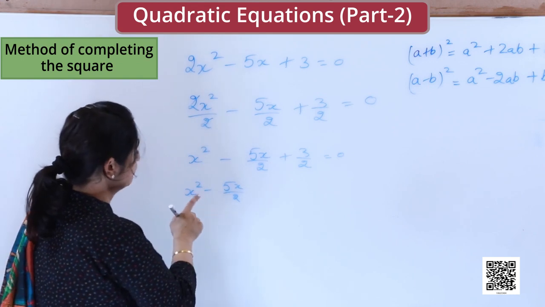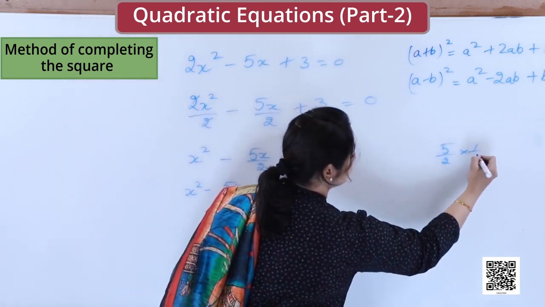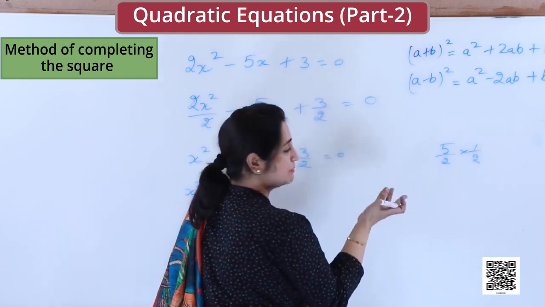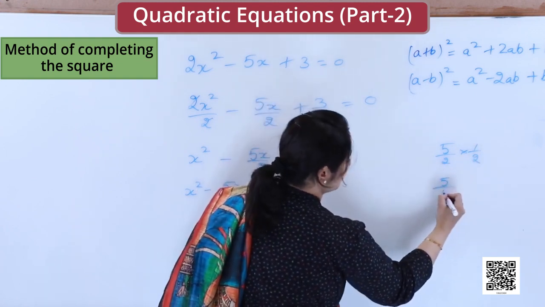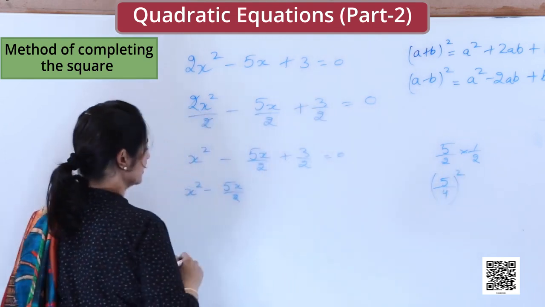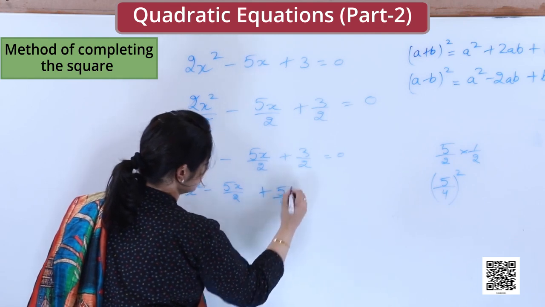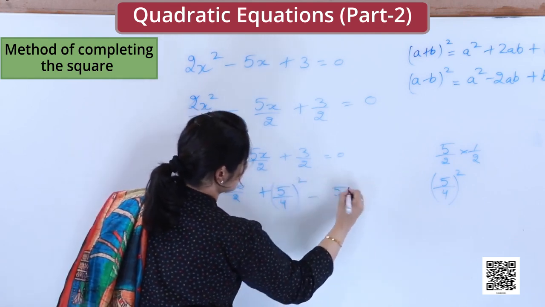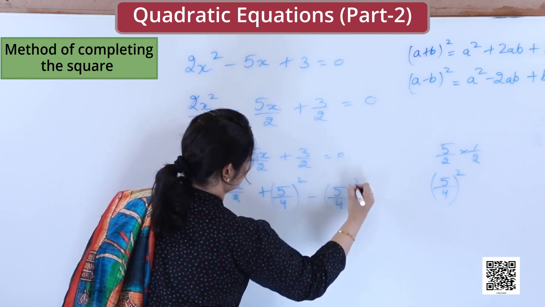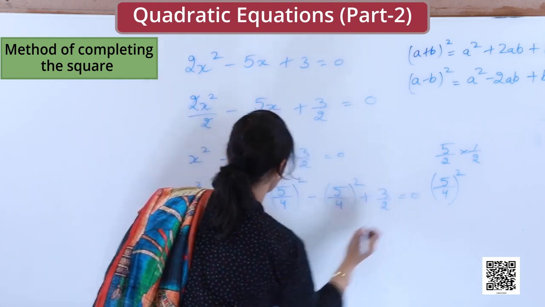Now we can write these two terms like this only, x² − 5x/2. And now seeing the value of b, which is 5/2, we'll multiply it by 1/2, that is divided by 2, and we will get 5/4. Now we need to square it. This term we will add once, (5/4)², and we will also subtract it once. And the rest of the equation 3/2 = 0.